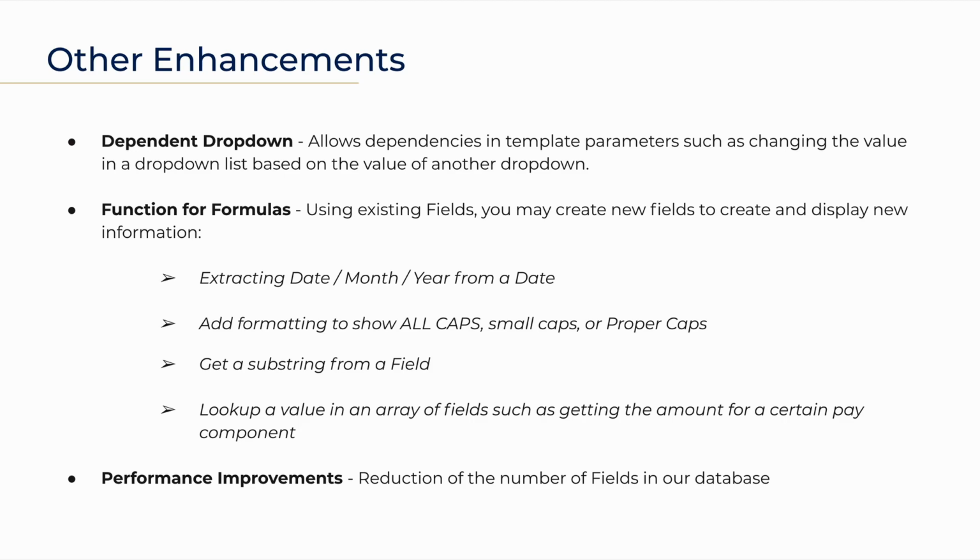In the other enhancements, we improved the number of fields in our database. Because of the structure of the fields from SuccessFactors, our database started to get millions of records. So what we've done now is that we are keeping in our database only the fields that are usable in Strato.